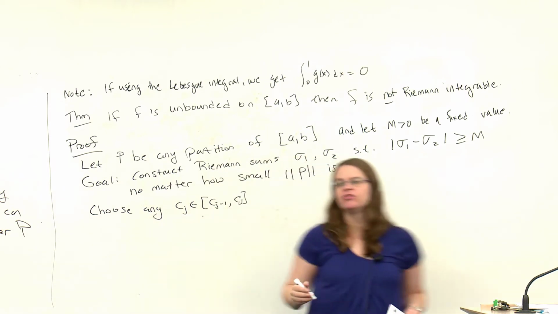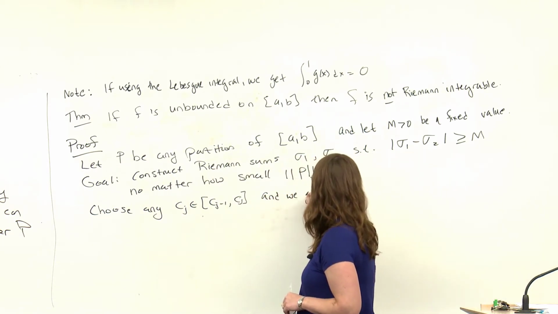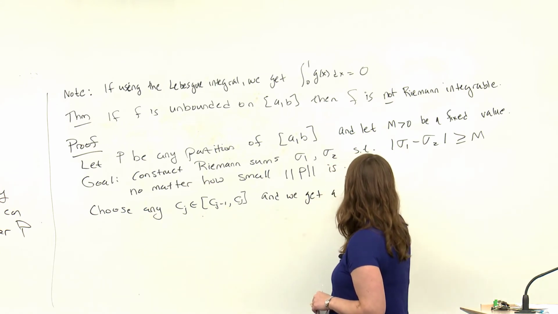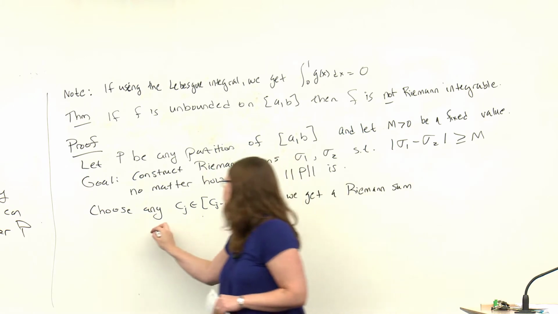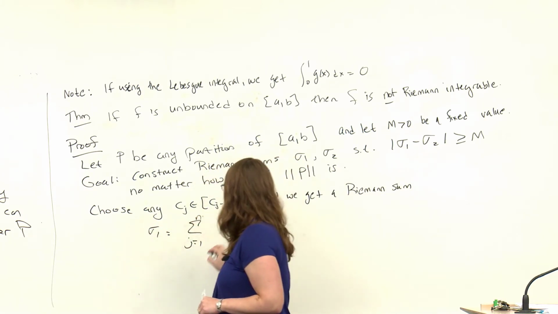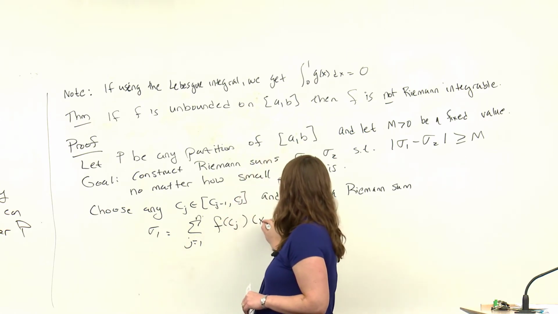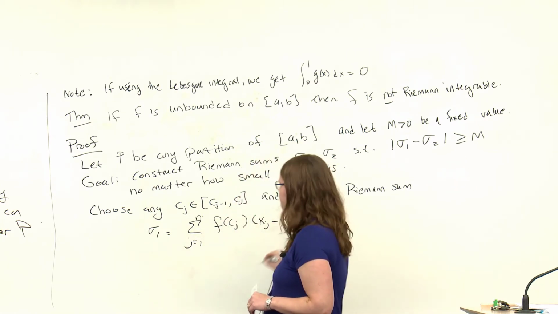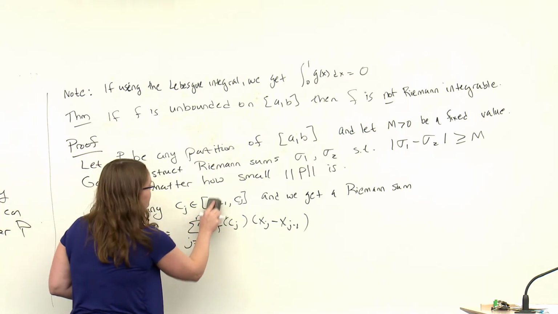Okay, and that gives us a Riemann sum. So sigma 1 is just going to be the standard Riemann sum, f of Cj times xj minus xj minus 1. Thank you, this should be xj minus 1, xj.